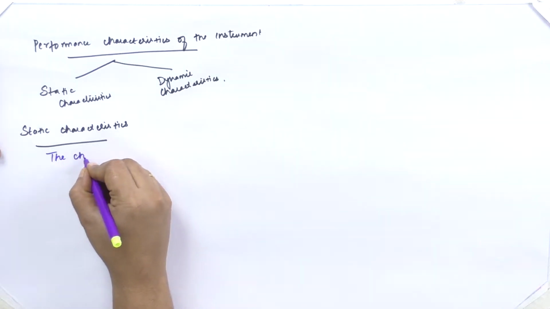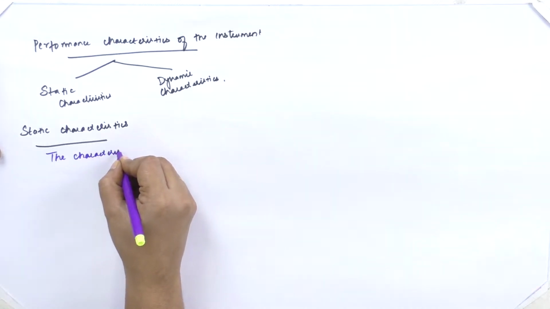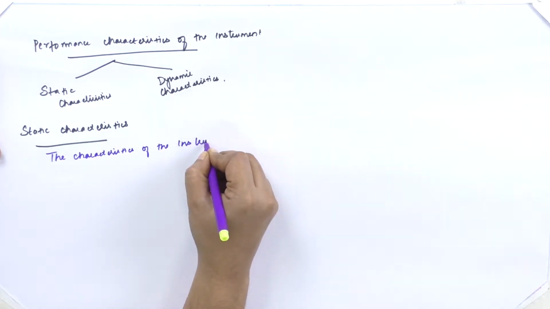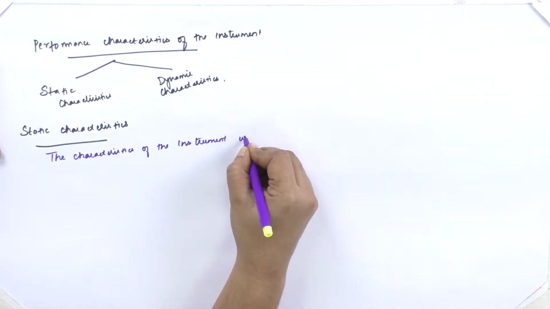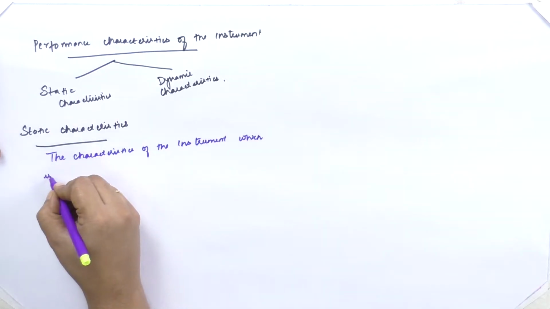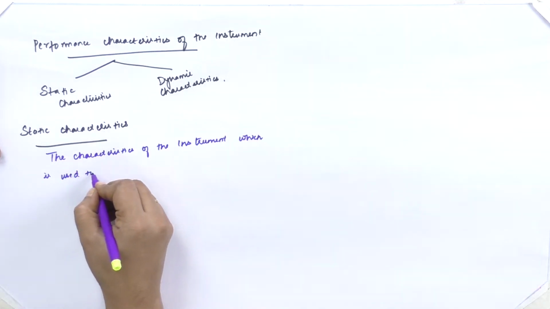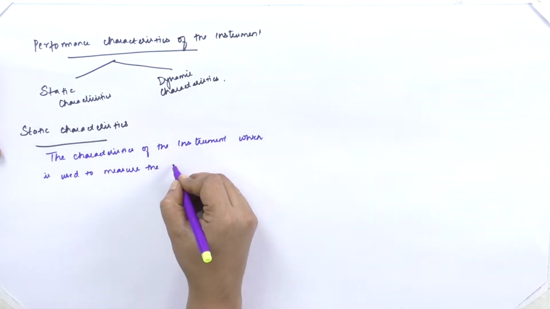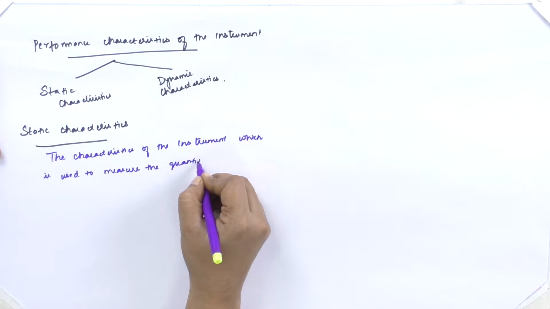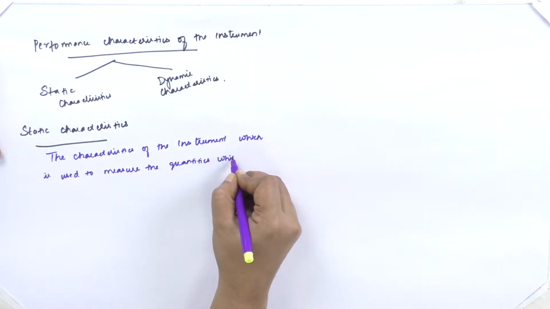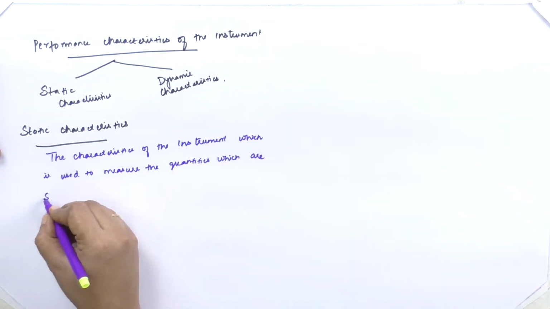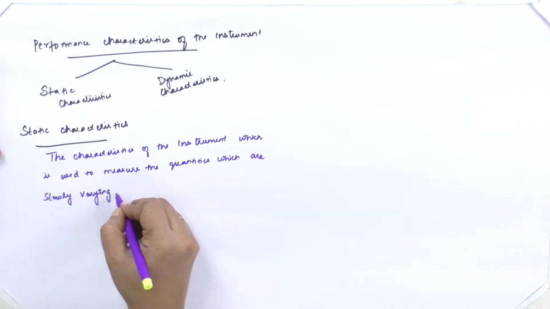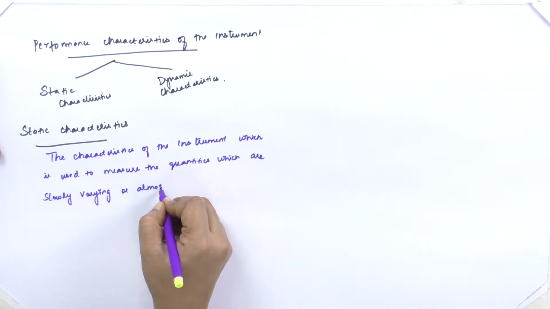The characteristics of the instrument which is used to measure the quantities which are slowly varying or almost constant.